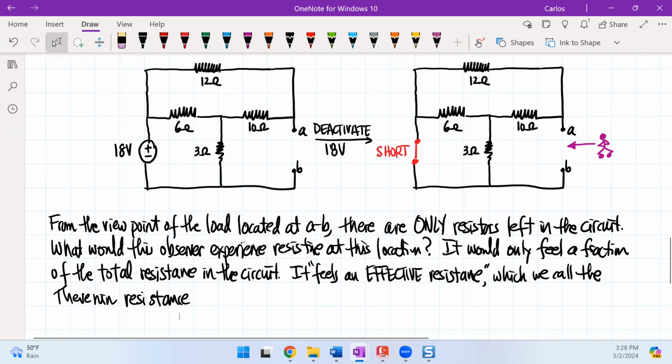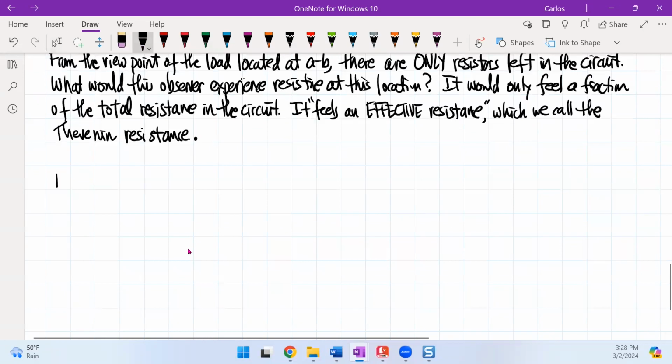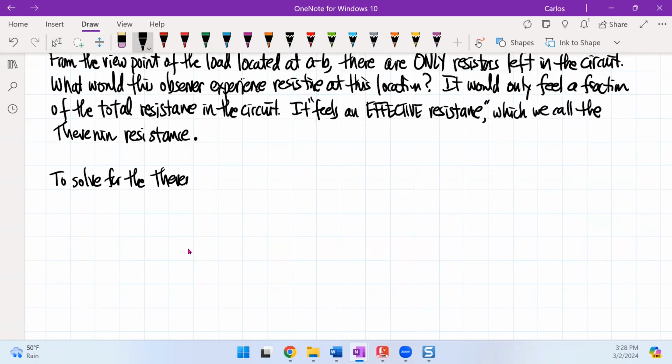So now we have this circuit. And what we have to do here is solve for the Thevenin resistance.